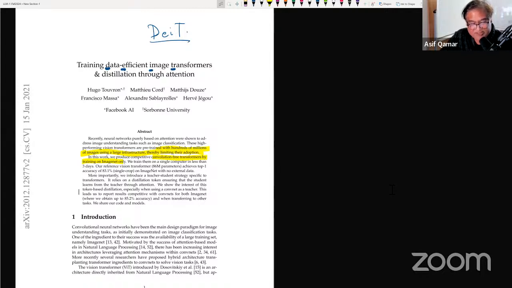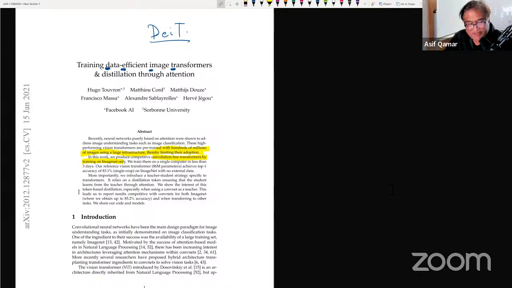Our reference vision transformer, 86 million parameters. By the way, 86 million, these days when people talk in terms of billions, anything below billion is almost shameful to talk about. This is 0.086 billion parameters, right? Minuscule model. Our 86 million parameter achieves top one accuracy of 83.1 on ImageNet with no extra data.